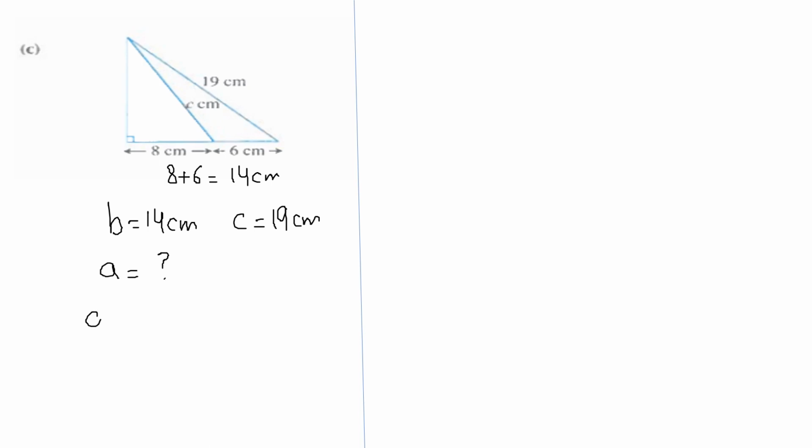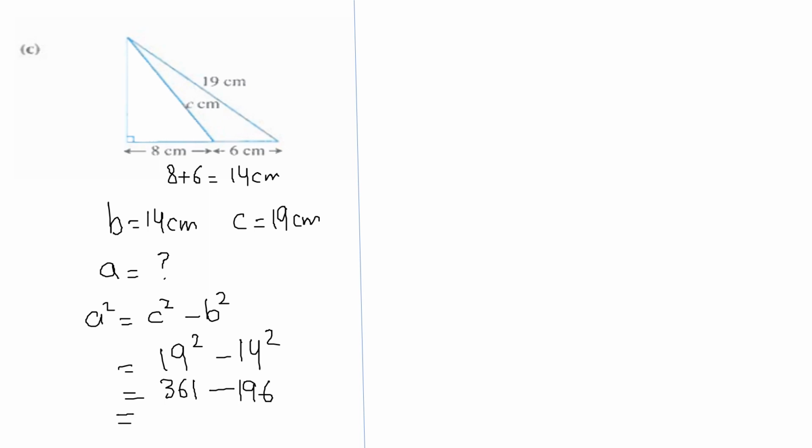So let's find A. A squared is equal to C squared minus B squared. In this case, we have C as 19 squared minus B as 14 squared. Again, you have to find 19 multiplied by 19 and you will get 361 minus 14 multiplied by 14, you will get 196.